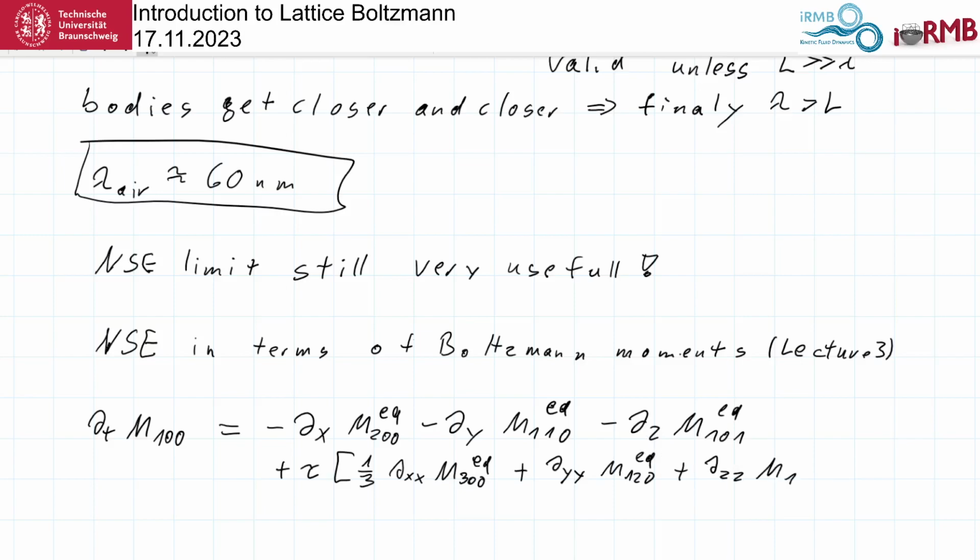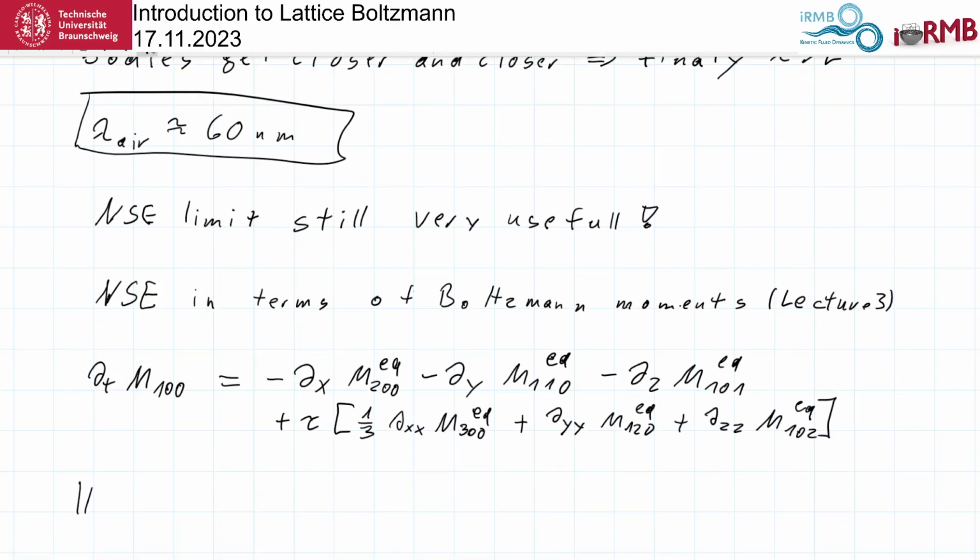So this is the Navier-Stokes equation in terms of Boltzmann moments. What we observe here is that the highest moments that appear are the third order moments.